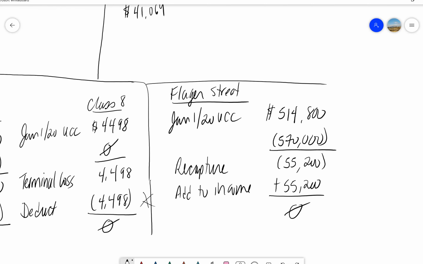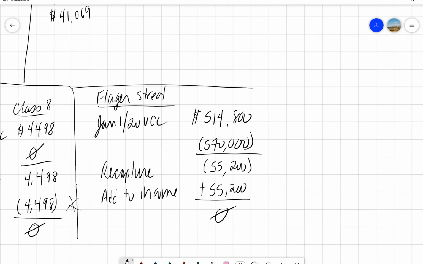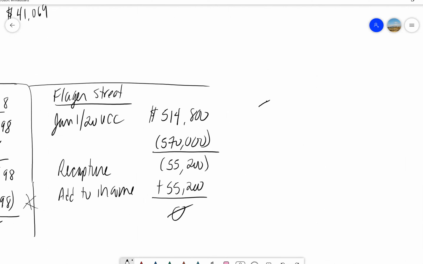Now, in addition to the recapture, there's also going to be a taxable capital gain because we sold the building for more than the cost. Remember, the cost was $570. We sold it for $653. So the taxable capital gain is going to be 50% of the gain.